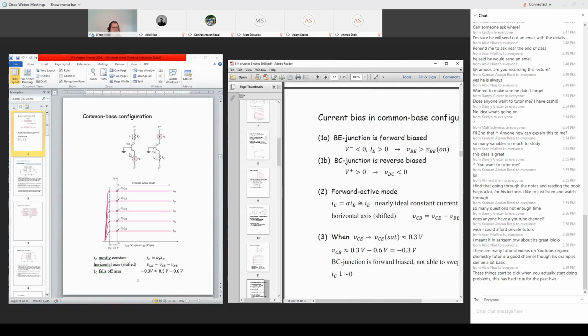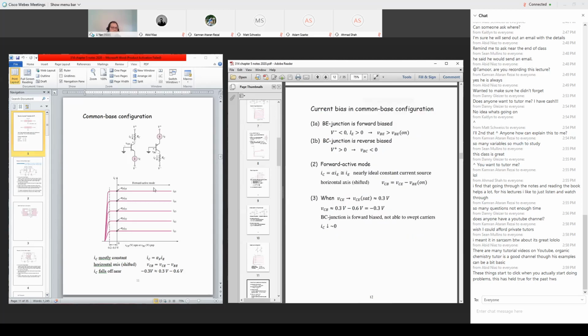Refer to this diagram. If it is forward active mode, we must make sure that between the base and emitter should be forward bias.